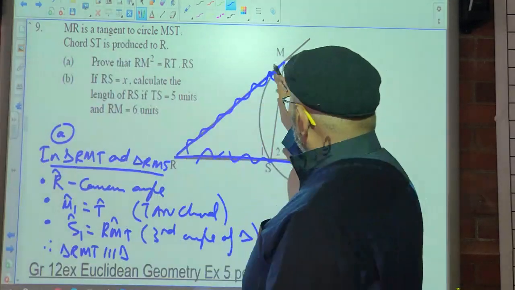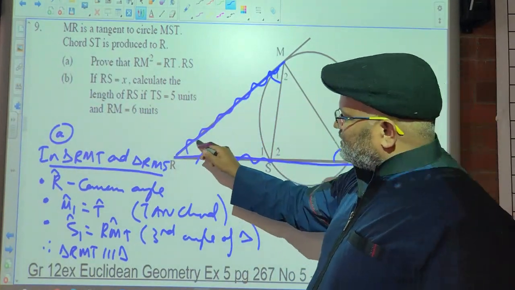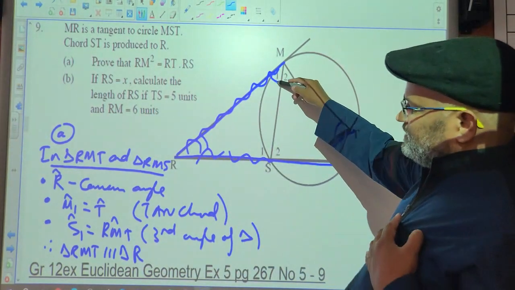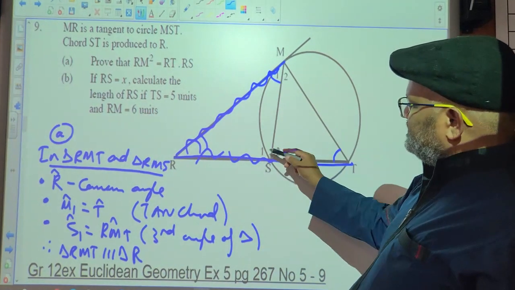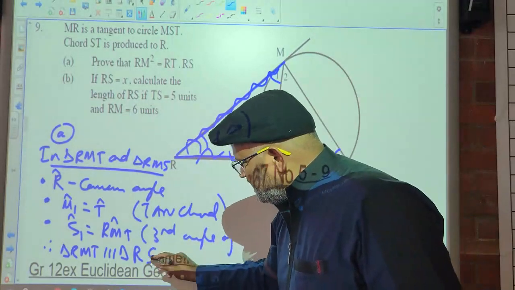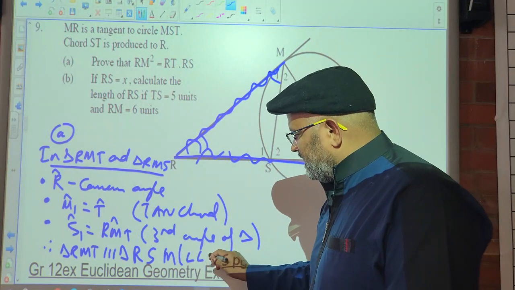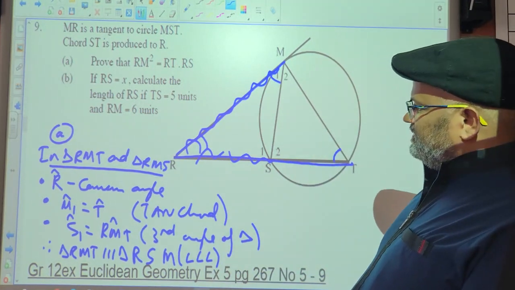RMS. So RMT, the big triangle. So R corresponds with R, M corresponds with S, and T corresponds with M. Why? Angle, angle, angle.